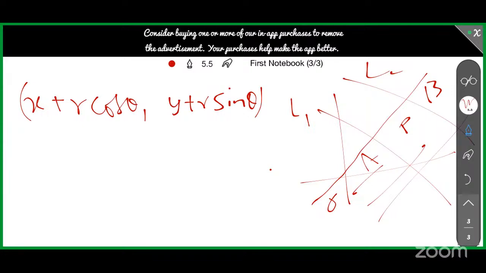Which distance? We are referring to which line? We are referring to this variable line. They have given a special condition for the variable line. What is the special condition they have given?